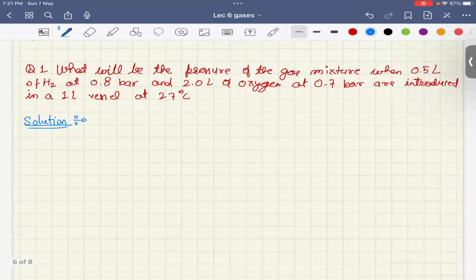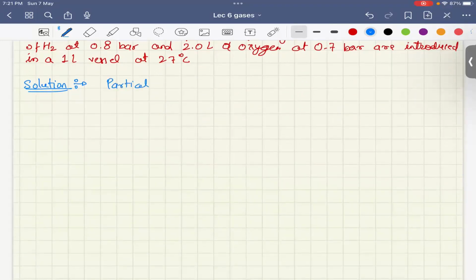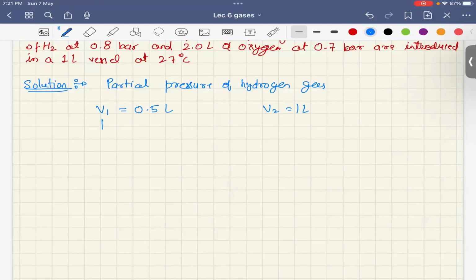So let us first understand what is being given to us. The partial pressure of hydrogen gas: the initial volume is given as 0.5 liter, the final volume is given as 1 liter, the initial pressure has been given as 0.8 bar and P2 is what?